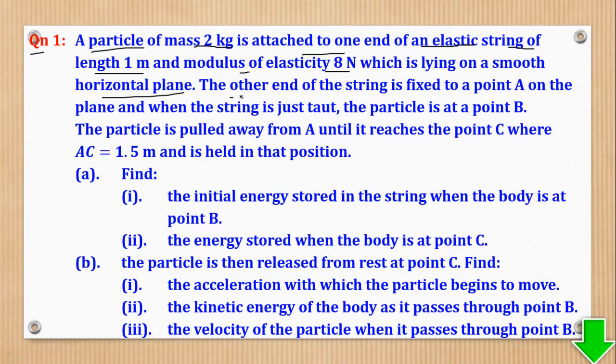The other end of the string is fixed to a point A on the plane, and when the string is just taut, taut is another word to mean tight, the particle is at a point B.